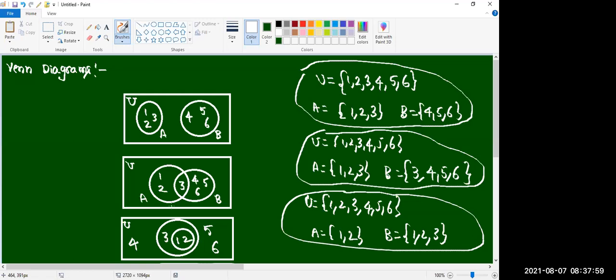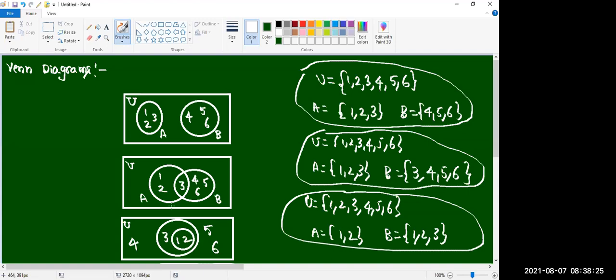These diagrams are called Venn diagrams. What is meant by Venn diagram? The relationship between sets can be represented in the form of diagrams. These diagrams are called Venn diagrams.